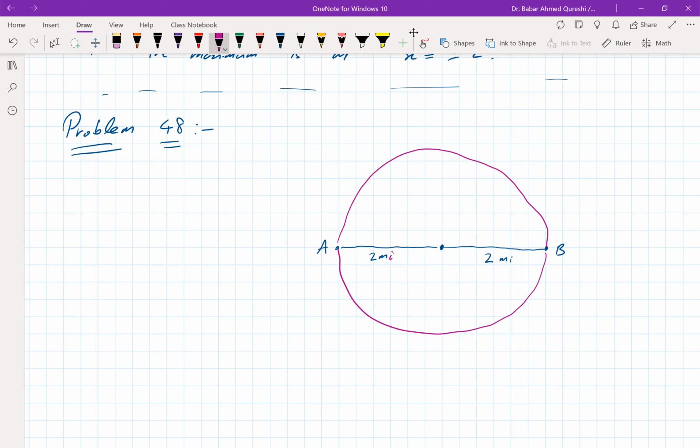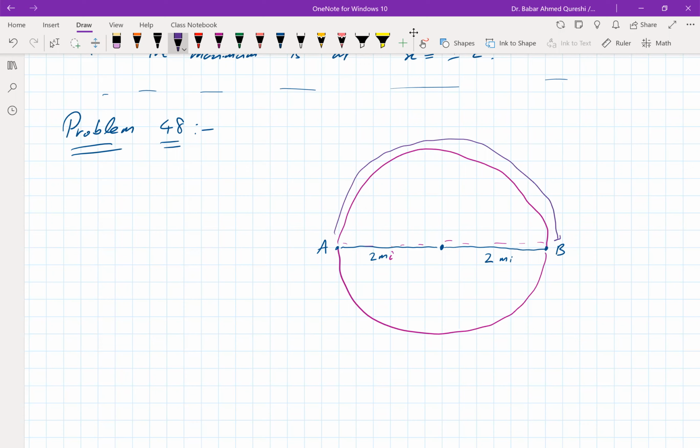Okay, but how is she going to cross the lake? Well, she has a boat. So if you had a boat, which one would you prefer? Would you rather row the boat or just walk? Well, if you ask me, I'm not good at rowing, so I will just walk. So then this one is a better path.